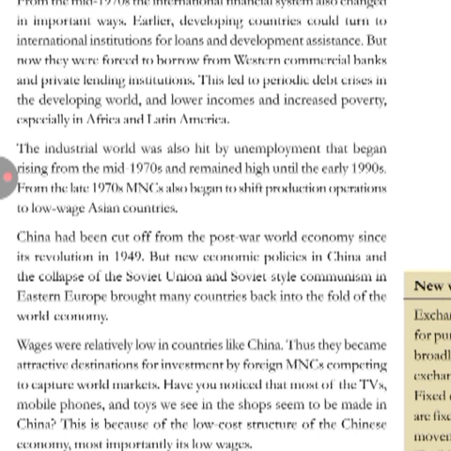And that's the reason the multinational corporations started to shift their productions to low-wage Asian countries. China had been cut off after its revolution in 1949, but the economic policies in China, then the collapse of the Soviet Union, all this brought many countries back into the fold of the world economy.